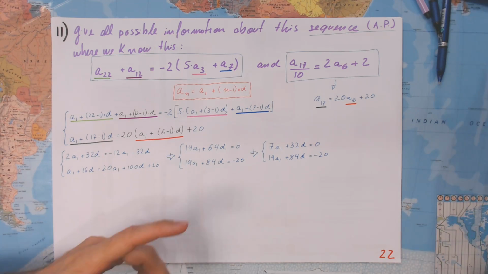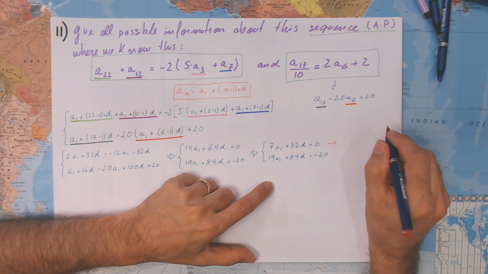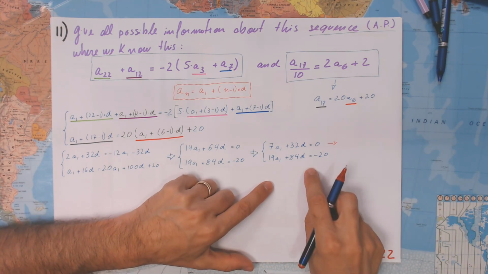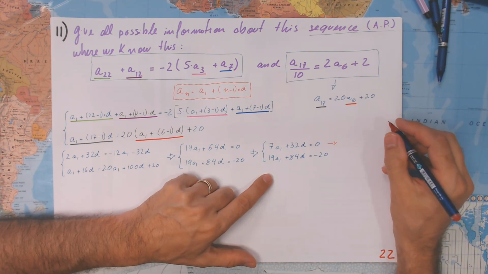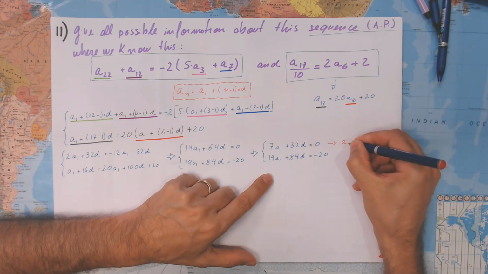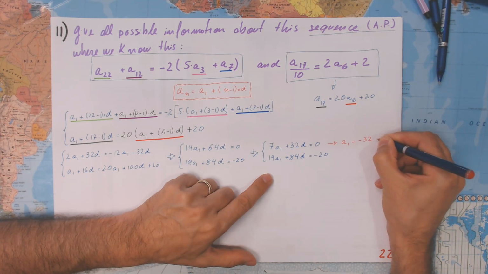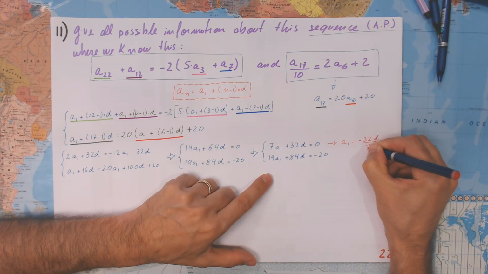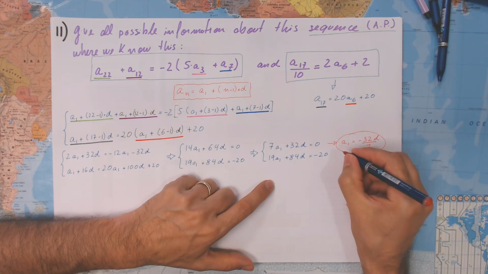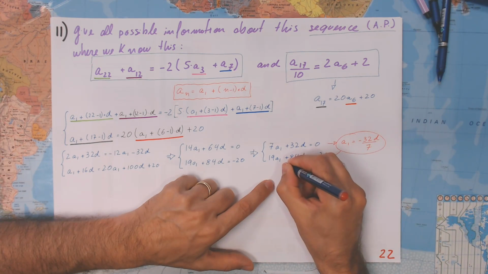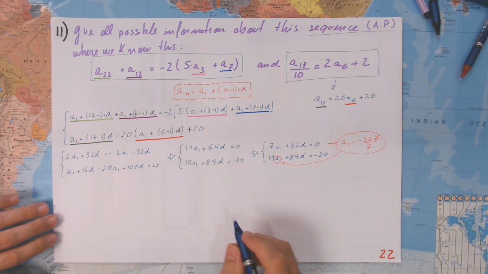Now there is not much room to do unless we start to substitute. We can apply summation, subtraction, okay. In this case I'm just going to substitute. I'm going to make A1 equal to minus 32D divided by 7, okay. I'm going to do this one and I'm going to substitute in here, just a normal substitution.